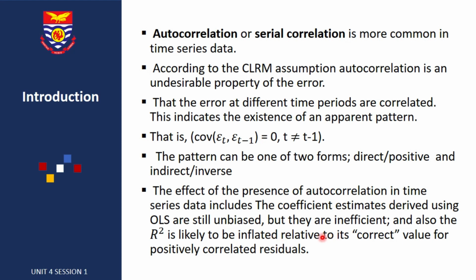So when there is autocorrelation within the error term, the coefficient of determination is likely to be inflated, and the value we derive is not the actual value of the R-square. So we may interpret these results based on what we derive, but in actual sense that is not the case.